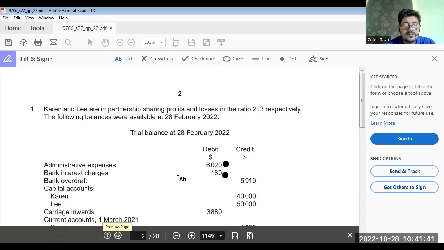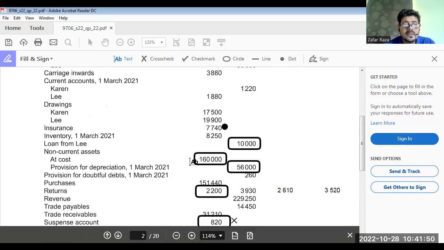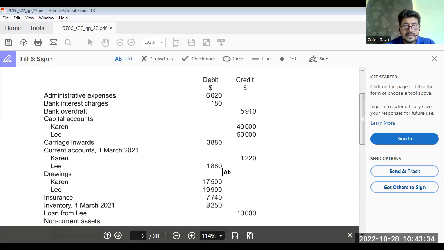Now, Lee's current account. See, the current account is on the debit side.